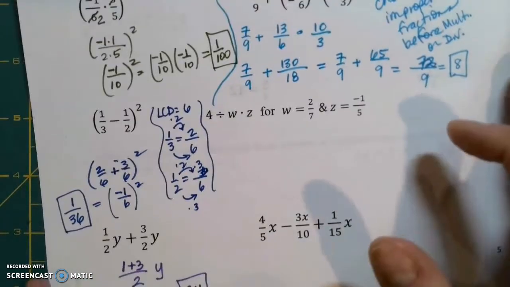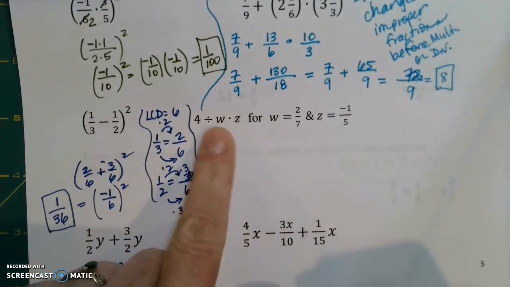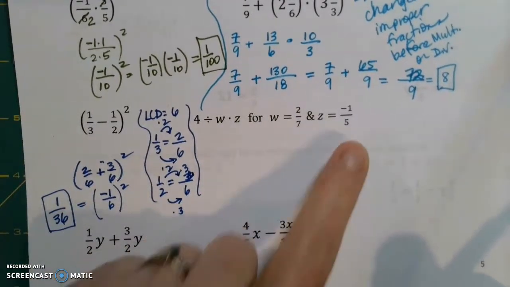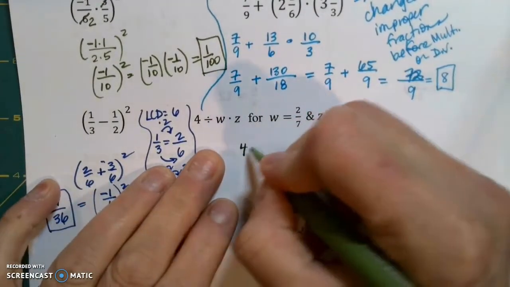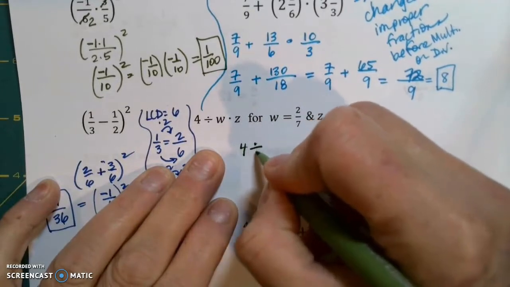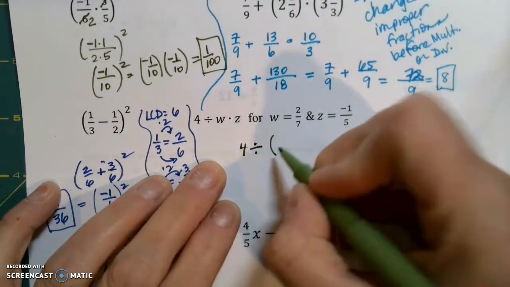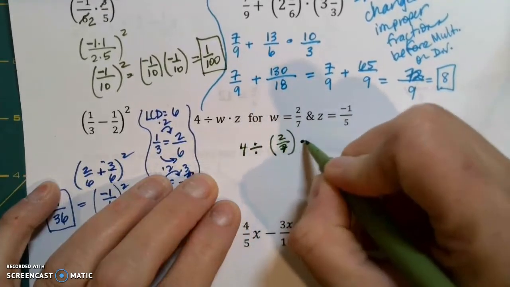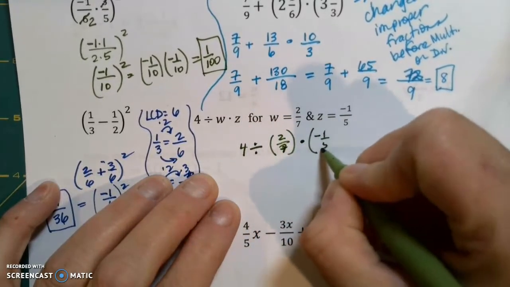Okay, now I would like to look at the one here in the middle, the 4 divided by w times z for those two values here. And this is a really good one to look at as far as order of operations. Remember, when you're substituting something in, you're always putting it inside parentheses.